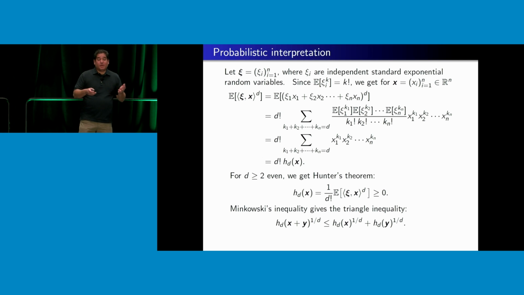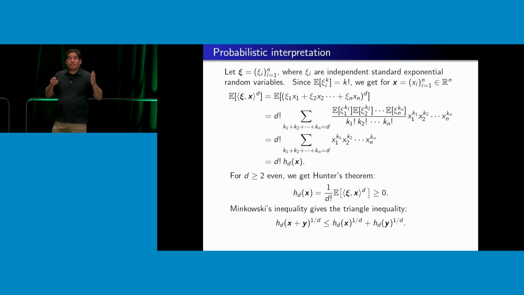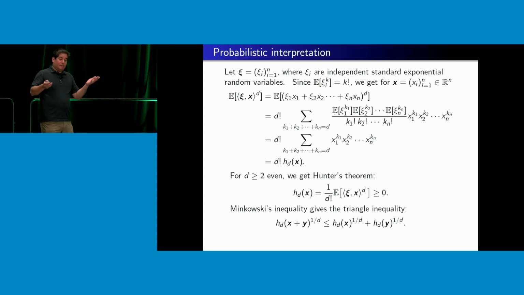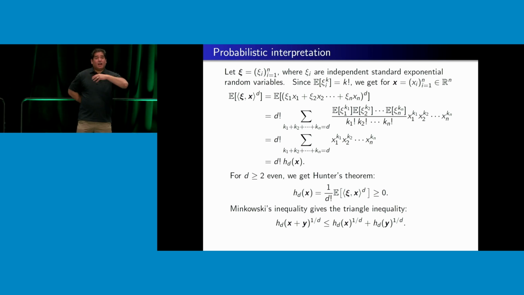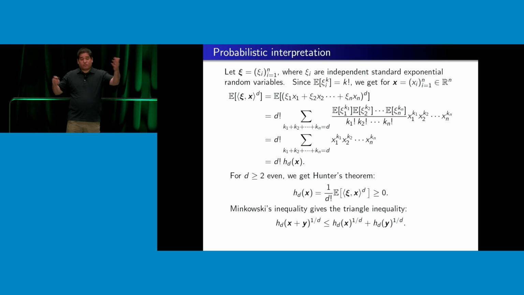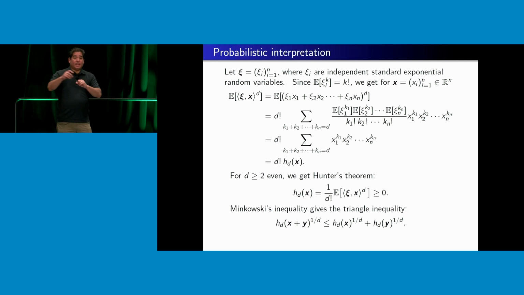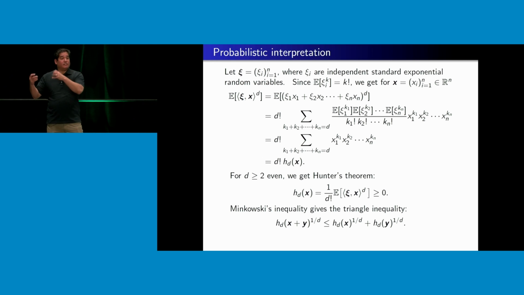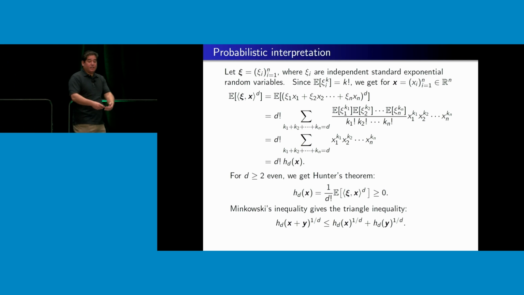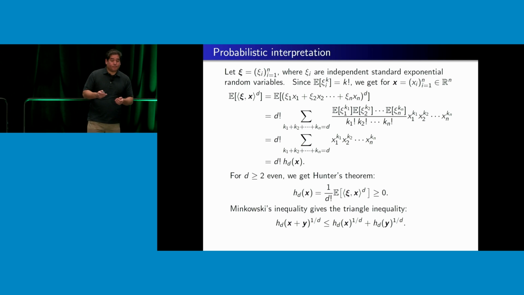But it shows that even that so-called trivial case is not really that trivial. So anyways, that's a probabilistic interpretation. Those of you who aren't fans of this, just remember there's a probabilistic interpretation of the CHS polynomials and Hunter's theorem, and hence the fact that those CHS norms are actually norms. And it's connected to the standard exponential distribution.